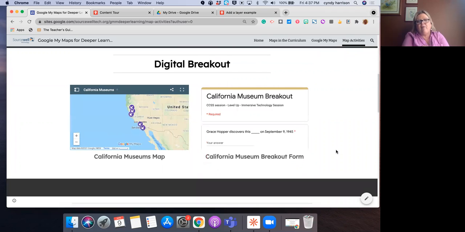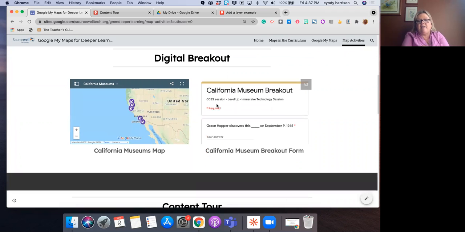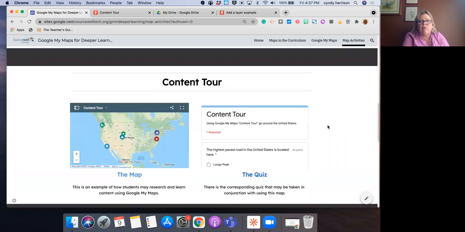And so you can go through here, and then like I said, a corresponding breakout for that. The content tour, and this is the map right here, but I also showed that you can actually have a quiz with it. So I made a very simple quiz, but let's go into this map. I'll come right back to this, I promise.